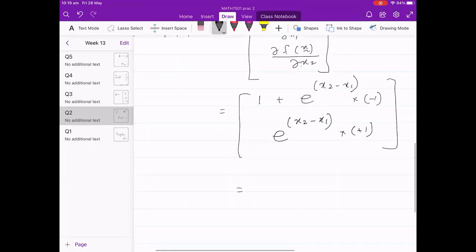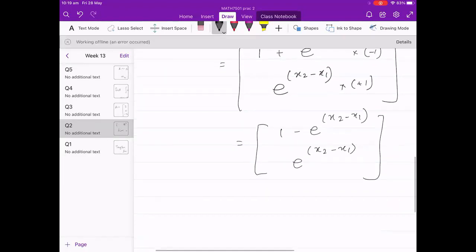That's the partial derivatives. We got two components.